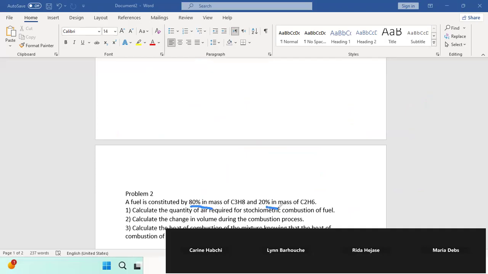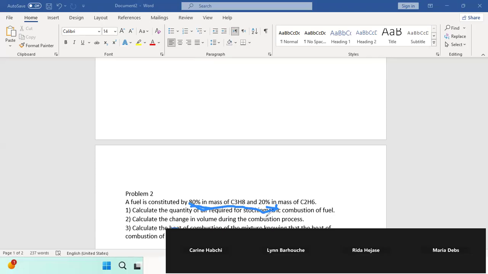But if the given was in megajoule per kilomole, then you should convert your percentages from percentages per mass to percentage per volume. Because when you say I have the heat released per kilogram, you should multiply by the mass of C3H8 present in the fuel, to get the heat released from the combustion of C3H8.